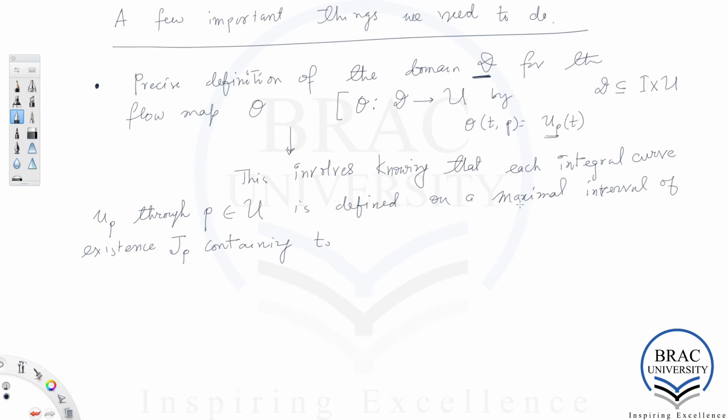So what does it mean by maximal interval of existence? It means that this J_P contains any open interval containing T0 on which an integral curve satisfying the initial value condition is defined.